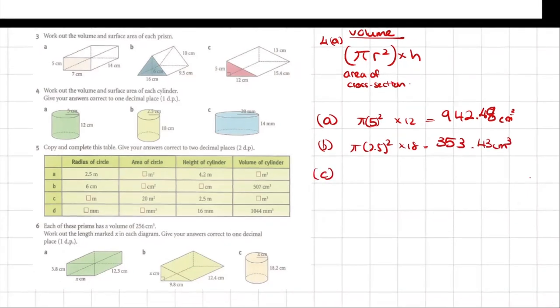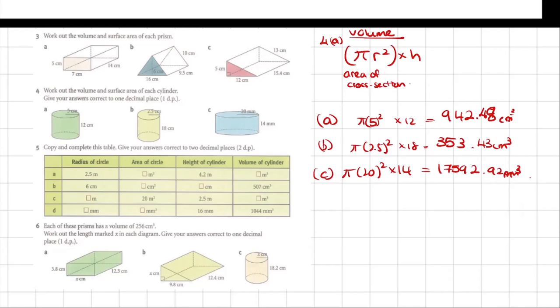And question C, pi 20 square times 14 millimeters cubed.